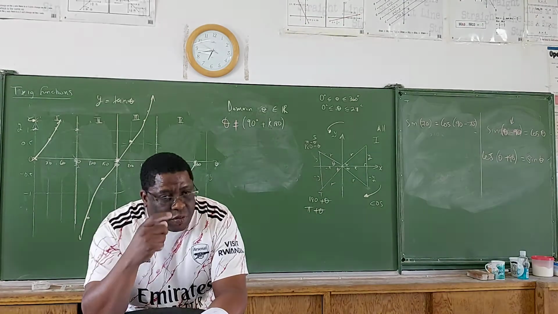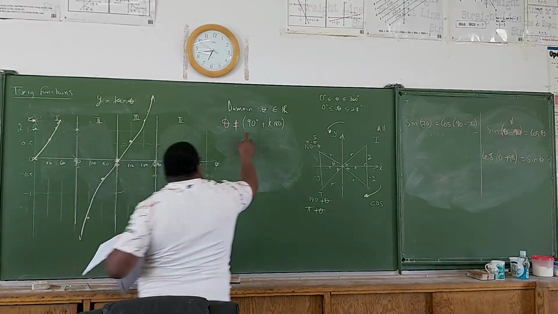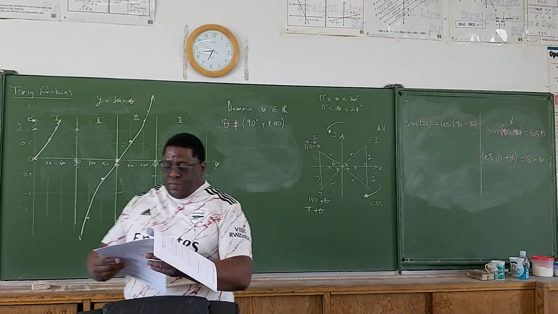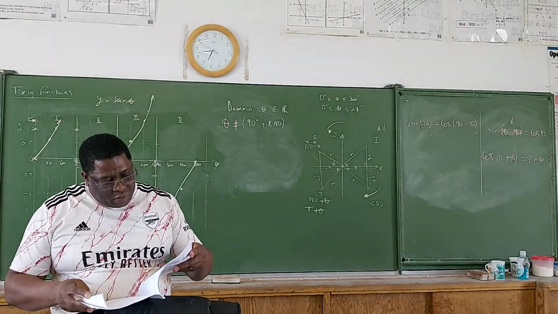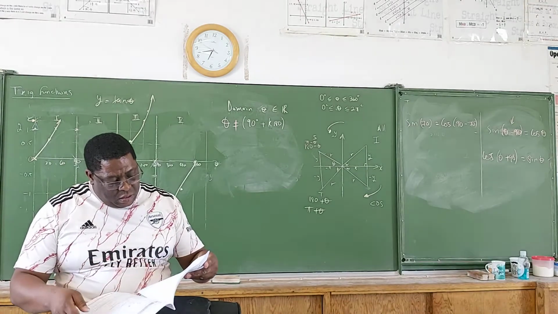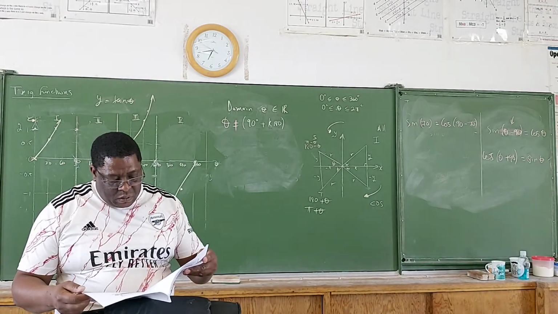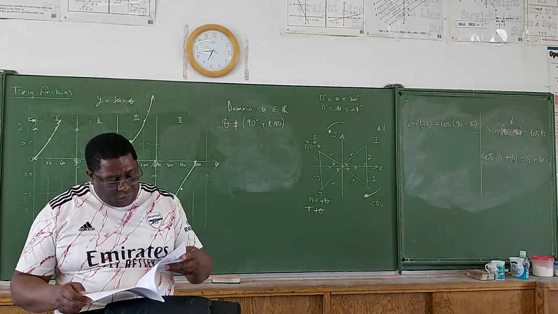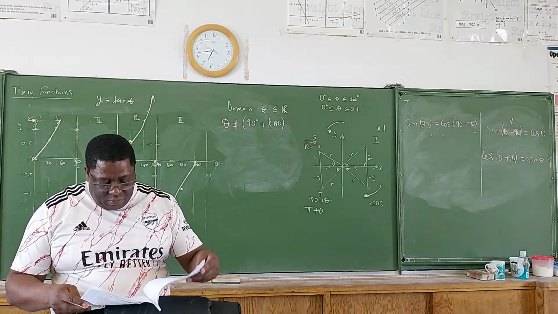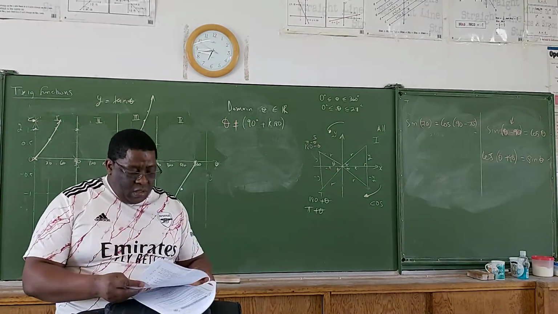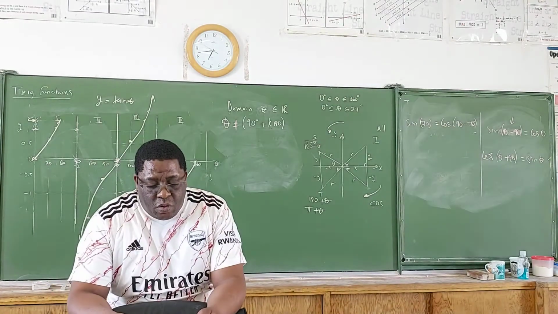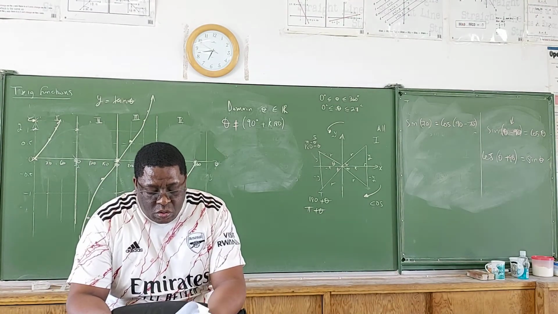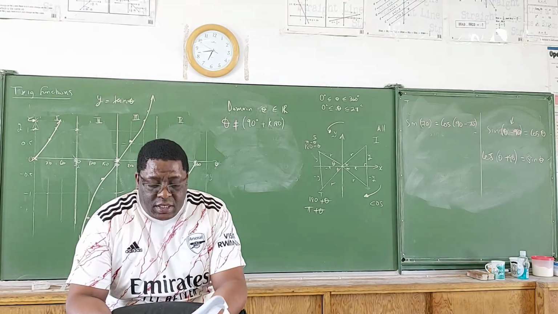You get that from this. This is quite important for you to know. Also, while you are here, just look at the one under. When they are changing the amplitude, the graph of y equals 2 sine theta.